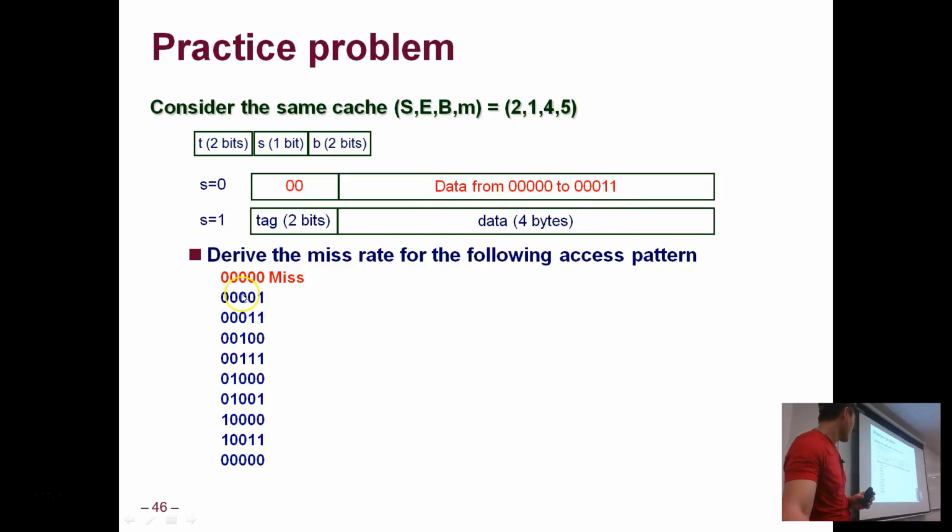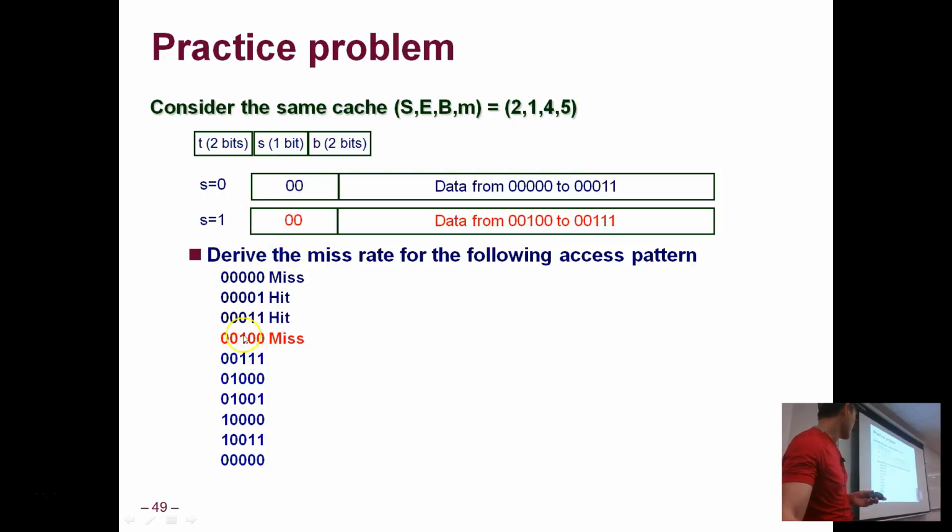And then this next access, hit or miss? That's a hit. And then the next access will also be a hit. There's your spatial locality. Then you do 00100. This is a miss because the set is 1 and set 1 was empty.